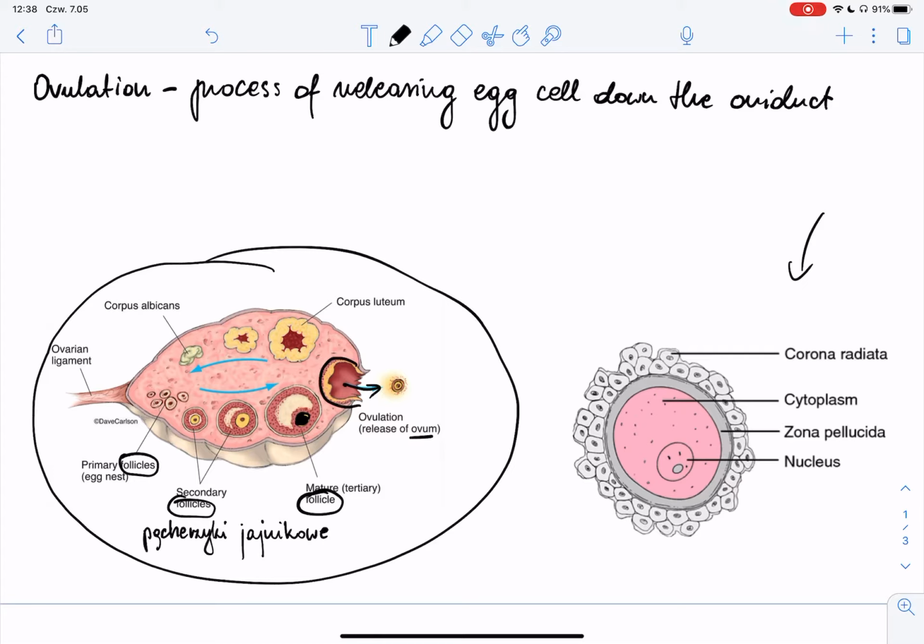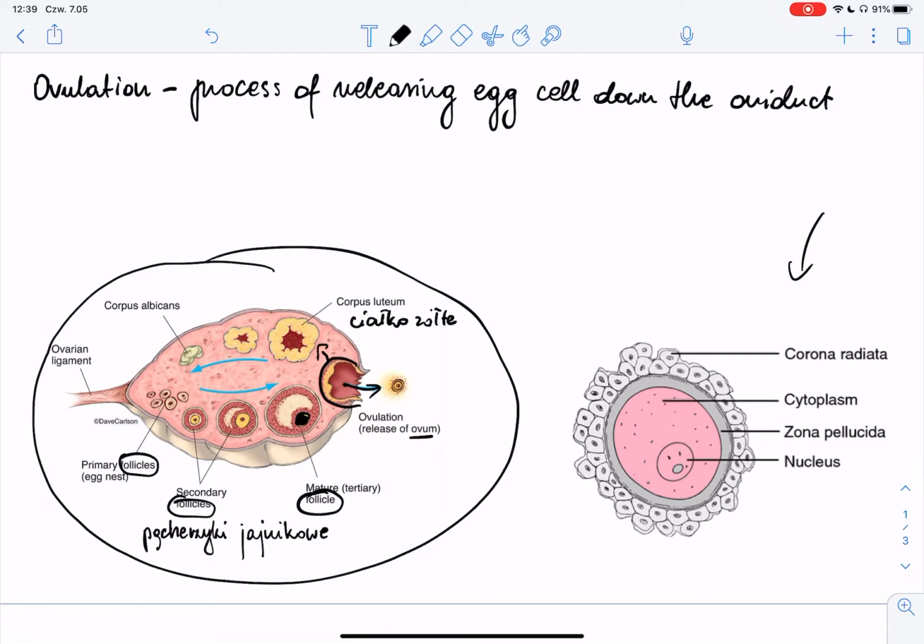Once the ovarian follicle breaks and releases the ovum, it turns into the corpus luteum, ciałko żółte. This corpus luteum will be present in the body until the cell is fertilized.